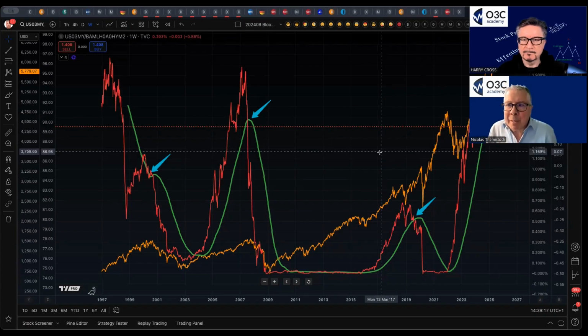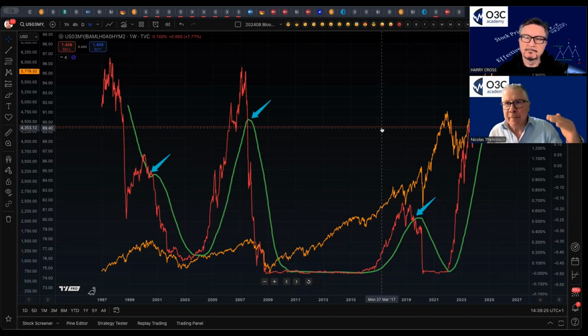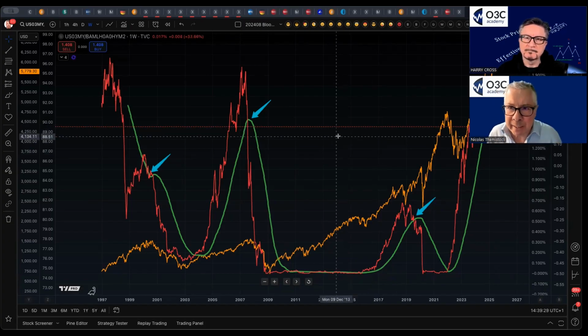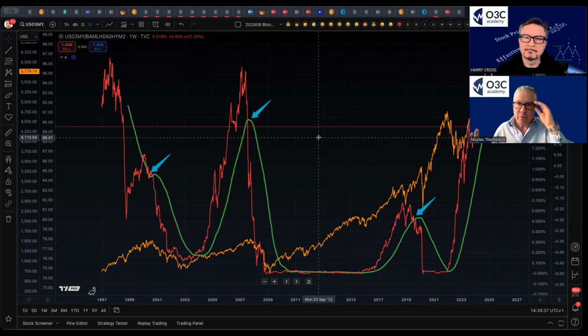Why would that be? What is this thing about? If you think about it logically, 3-month rates versus the high yield spread. If the indicator is falling, what would that mean? That would either mean short rates are going down or spreads are increasing on high yield credit, or both, right?